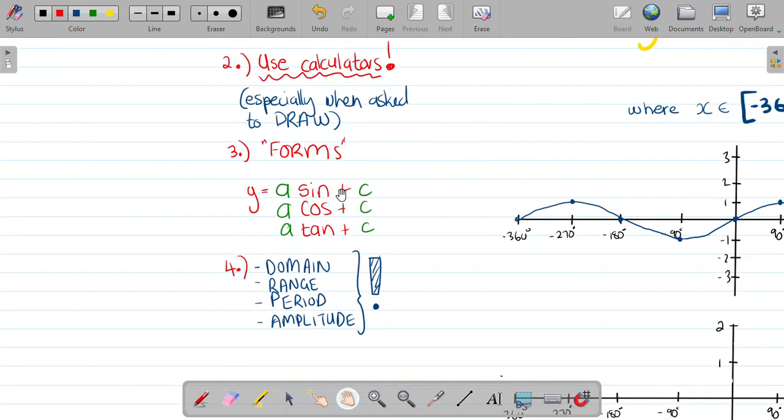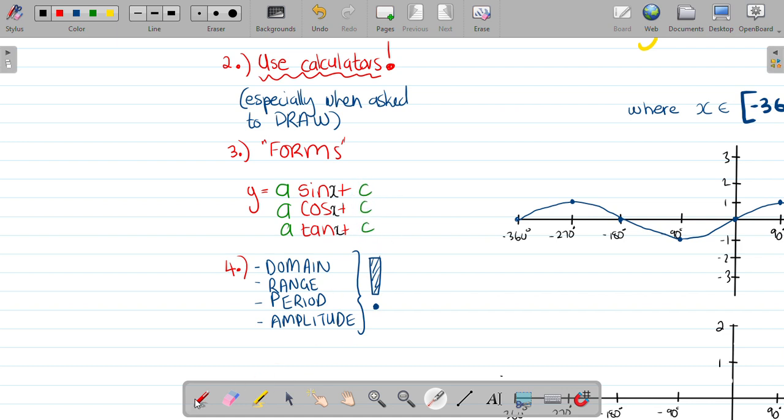Number 3, there are not different forms, I don't want to say that, but when you get a sine graph, oh, I left out the x's here, sorry, if you have sine x, and x. When you get a graph or an equation for the graph, you'll see that there can be a number in front of the sine, cos, and tan, and also there can be a number afterwards.